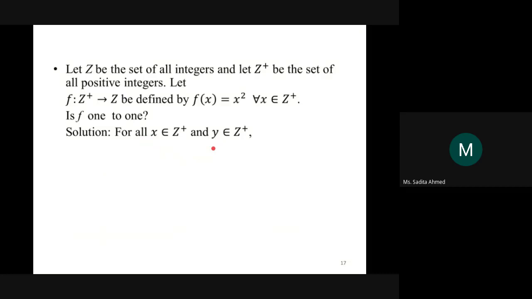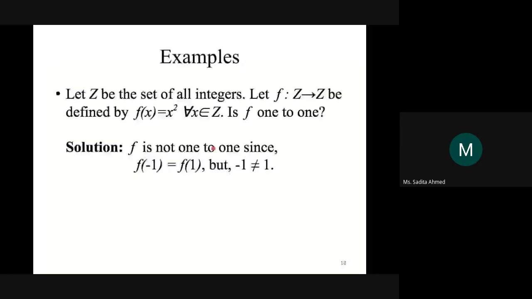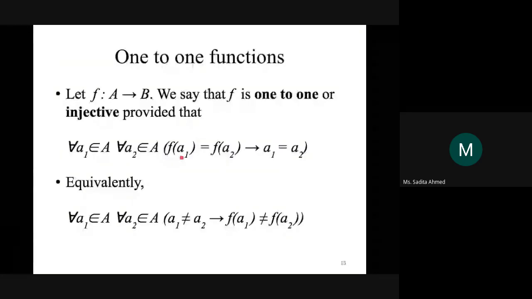Now, we'll start with the assumption. What was the assumption? f(a1) is equal to f(a2). We'll start by assuming that the results of the function that we get from x and y are equivalent. Then, from that assumption, where do we have to get to?